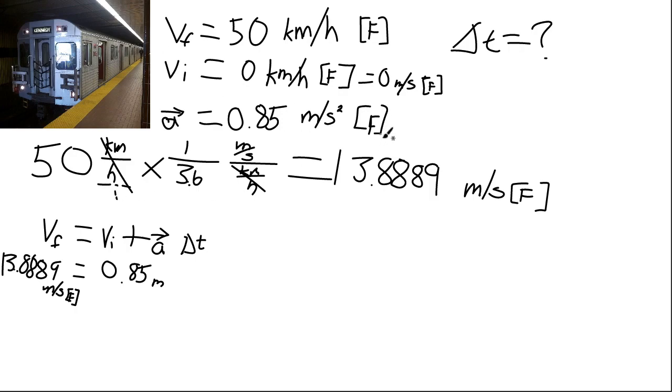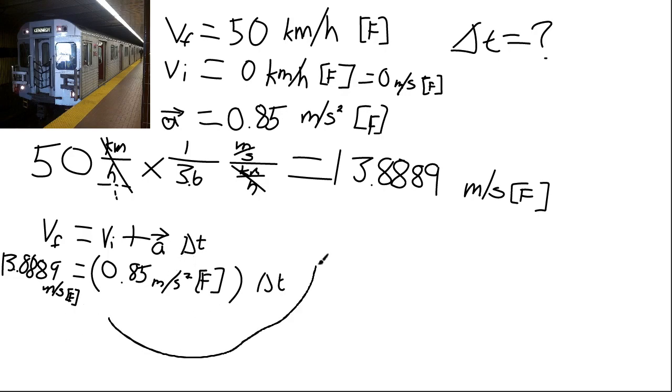Don't forget that acceleration is a vector quantity. So that 0.85 meters per second squared forward times delta t.